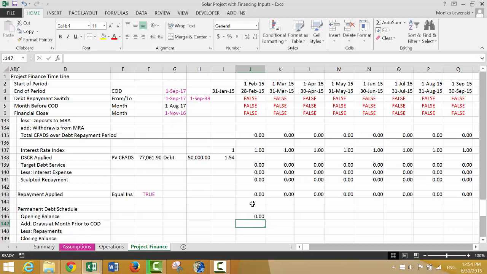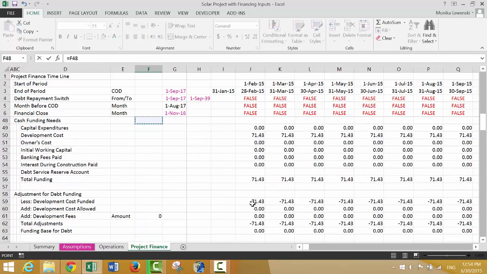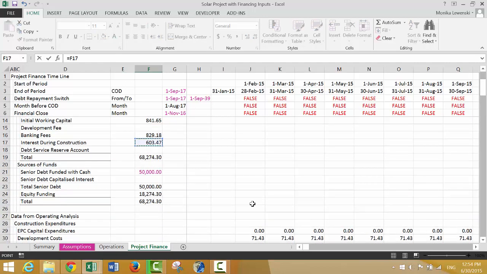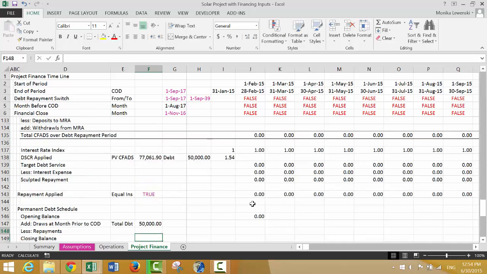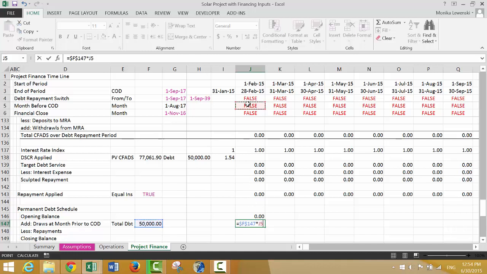Now here's the thing. We'll put total debt. Again, it's a big deal to do it like this and not the other way. This helps a lot. And then you just take this one, F4, and what this does is it makes everything after the construction completely independent of everything before the construction.